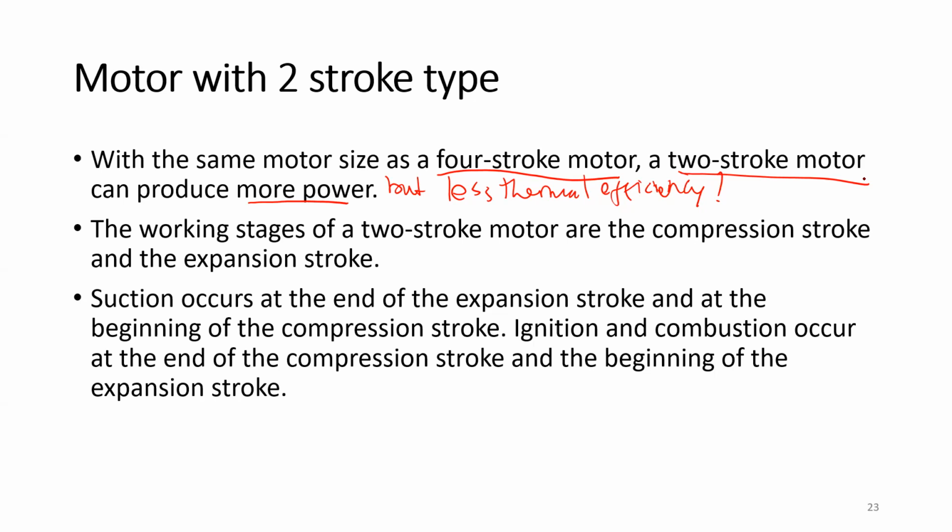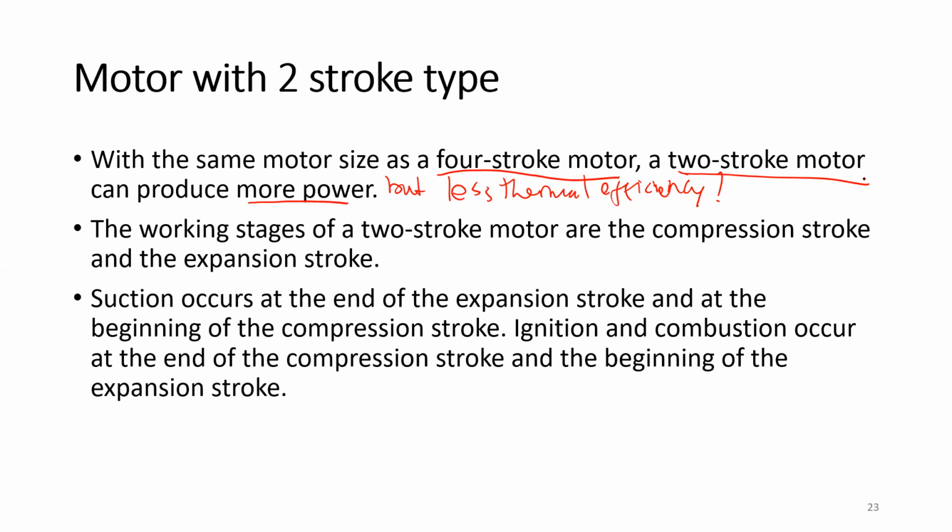Okay, for the power, that is correct. The reason the two-stroke produces more power is that there is only one power stroke for each revolution of the crankshaft, as I mentioned before. So for one complete cycle to produce power, it only needs 2 strokes. But for 4-stroke engines, there is 1 power stroke for 2 revolutions of the crankshaft.